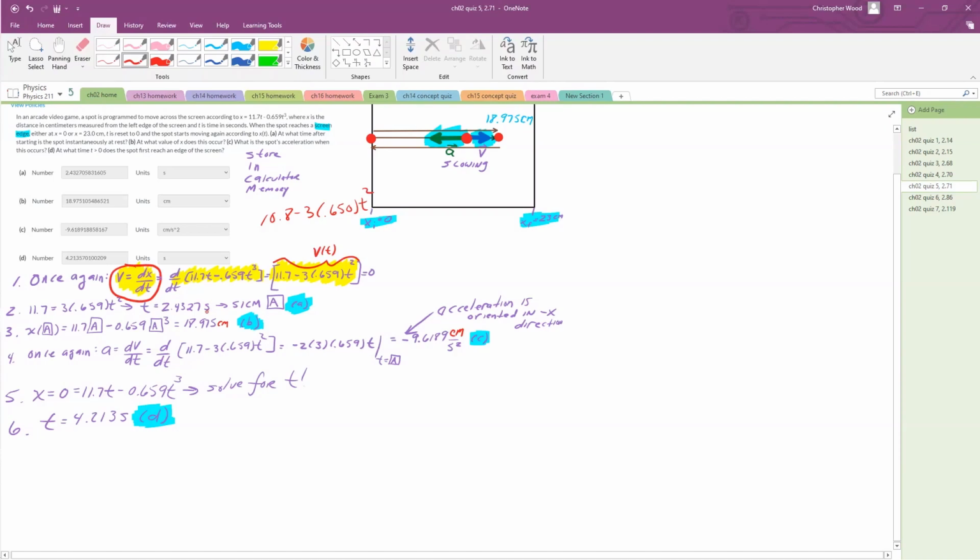I got 2.26. Did some math wrong. Was it 10.8? Yep, 10.8 is great. All of this has to be set equal to 0. Yeah, I get 2.35339.